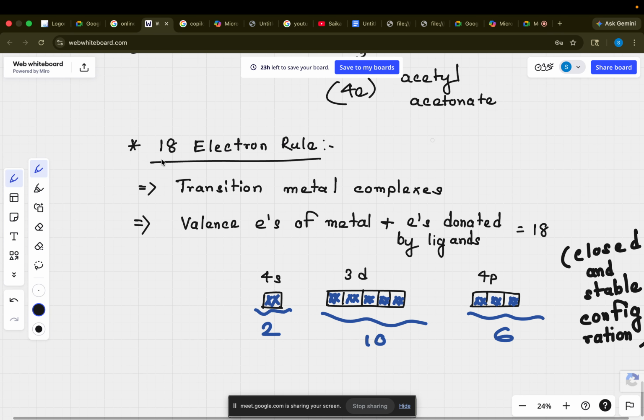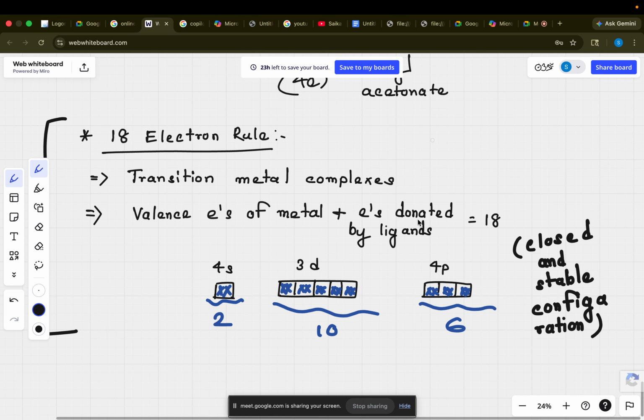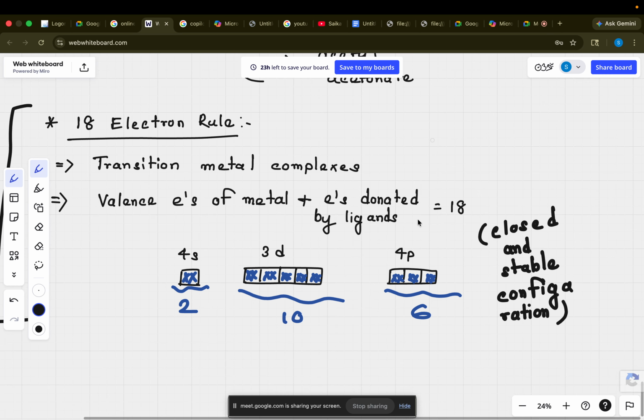I am just introducing what the 18 electron rule is. Next day we will see the examples. We will do lots of examples. We have around 30 examples, and then lots of examples, around 50 examples we will do in the next class. Fine, any doubt up to this, tell me.